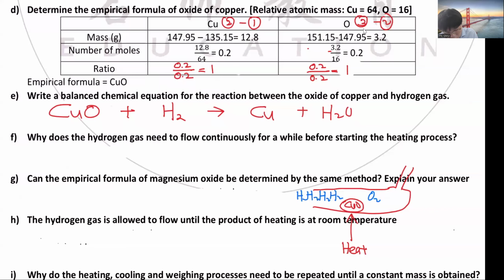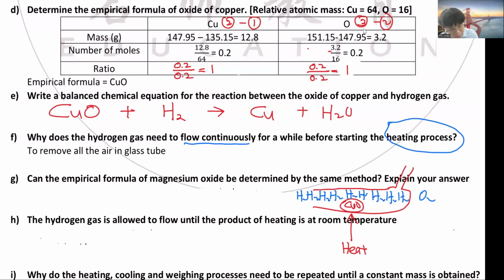We continue to flow the hydrogen gas in. Because if you continue flowing hydrogen gas, you're actually forcing the oxygen out. So you need to continue flowing before you start heating to make sure there's no air.